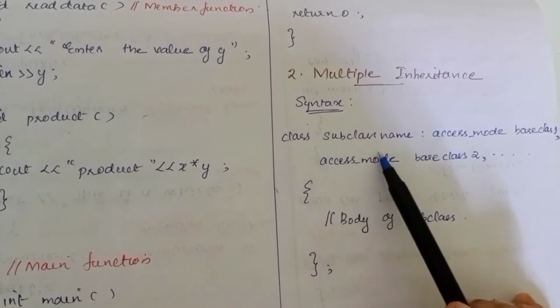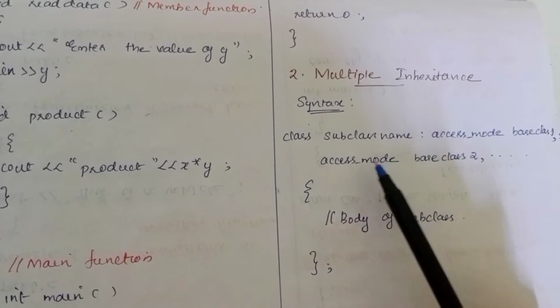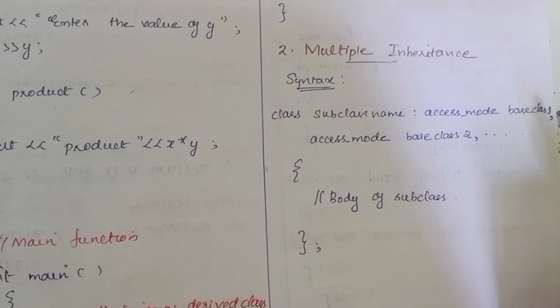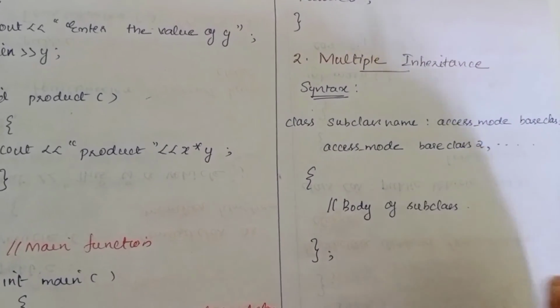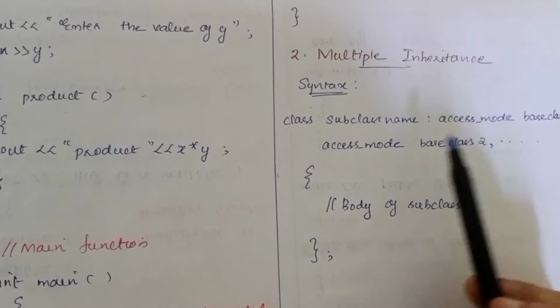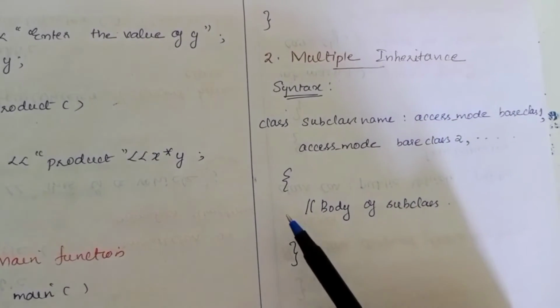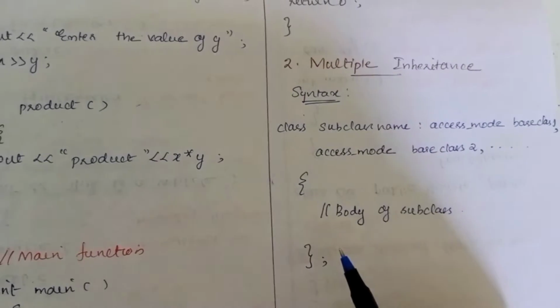Class, subclass name, then the access mode specifier, then base class 1. If the program has another base class, we can also give that access mode and base class 2. So this is the method of giving the subclass.